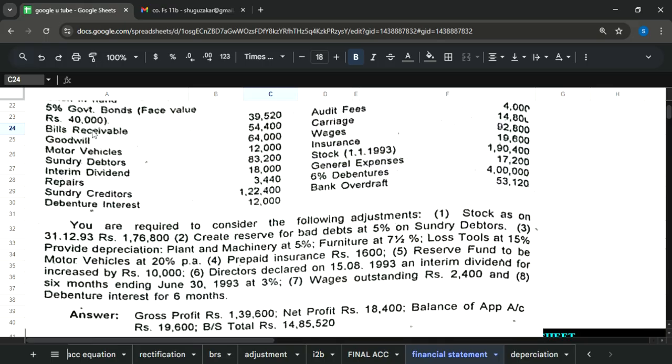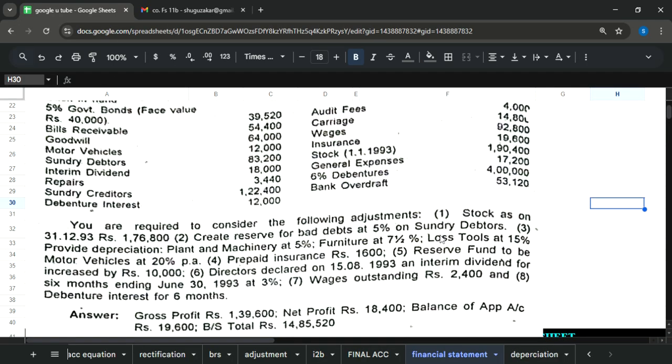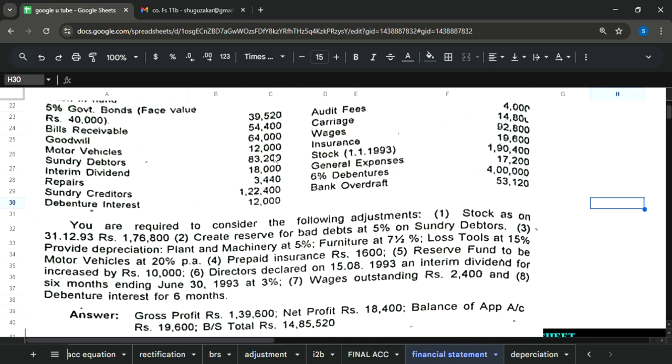Next is bill receivable. This is part of current asset. Over here, bill receivable, amount of bill receivable is 54,400. Bill receivable is recorded.